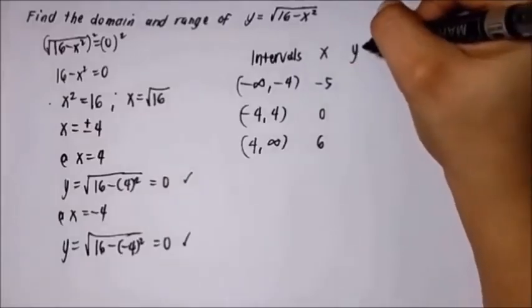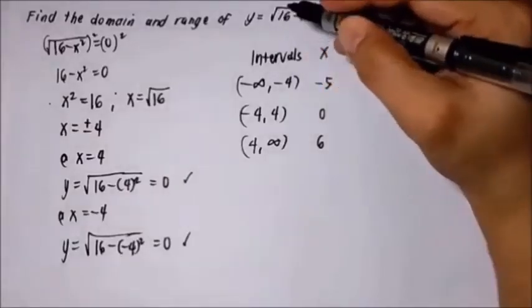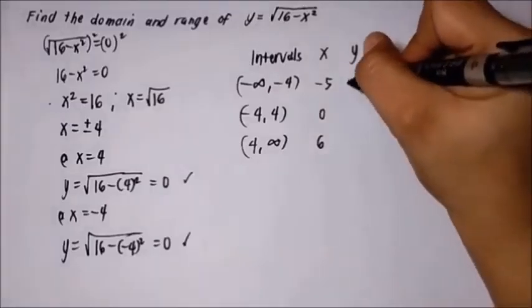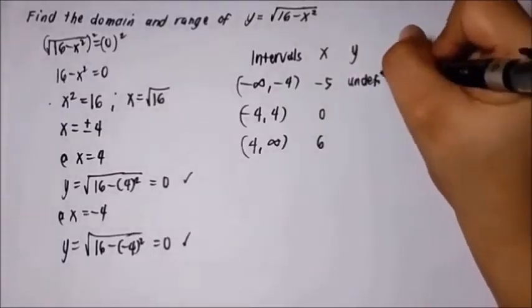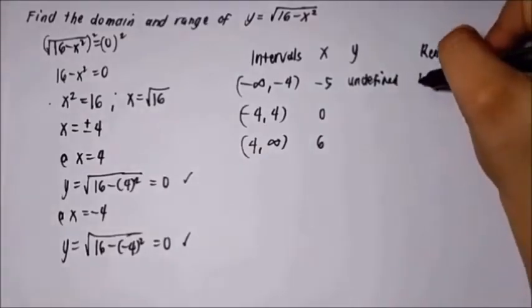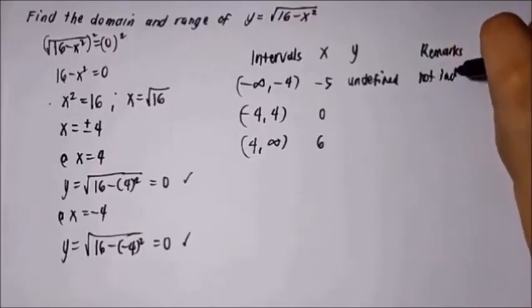Now, we will get the value of y, which is the square root of 16 minus x squared. What would be the value when the given is negative 5 for x? We have 16 minus negative 5 squared and then get the square root of that. Okay? So, the given is undefined. If it is undefined, it means it is not included in the domain.